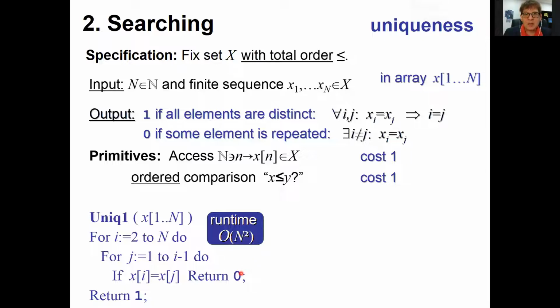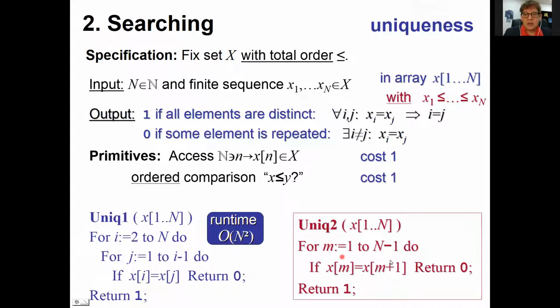The second algorithm works only under the additional hypothesis that the original set is equipped with the total order and that the original data is already sorted. Only then does the second algorithm make sense, because first, we need the total order for this problem specification to make sense mathematically.